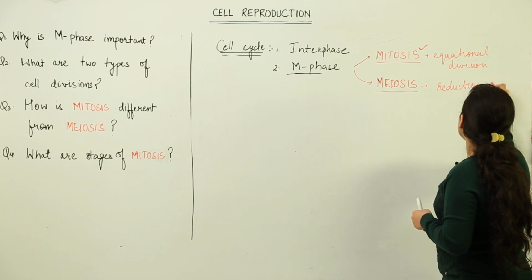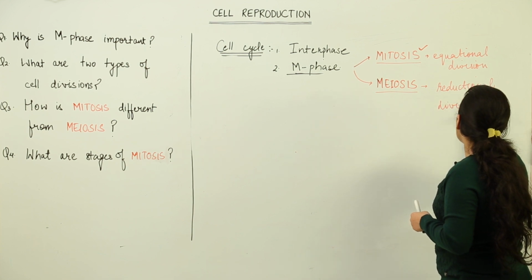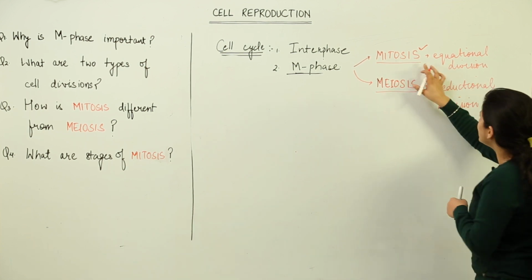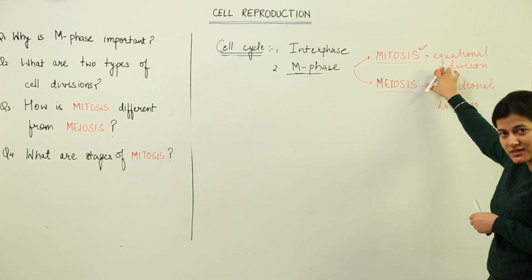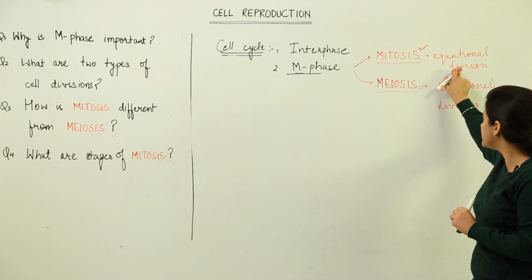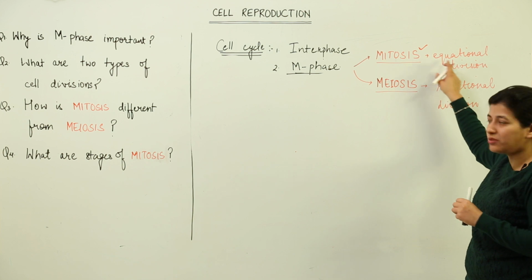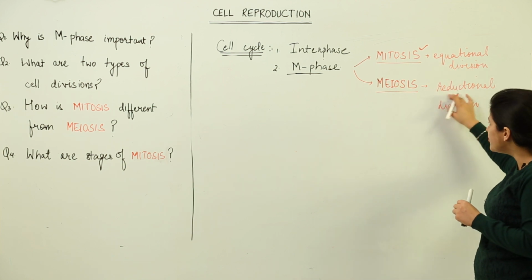As these are simple English terms, you can associate a meaning with them: in equational division, the daughter cells are going to have something equal in them, and in meiosis, that thing which would be equal in mitosis would have been reduced.